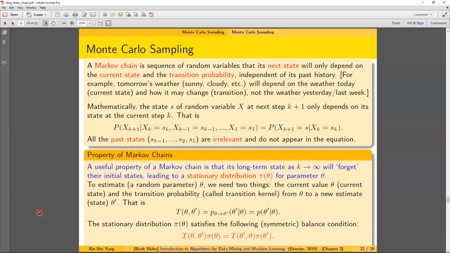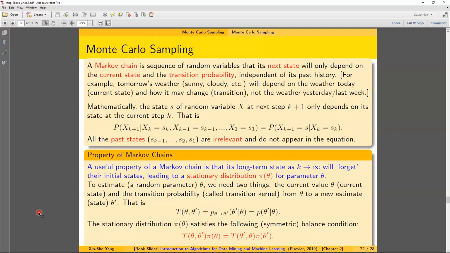A Markov chain is a sequence of random variables whose next state only depends on the current state and the transition probability, independent of its past history. What does that mean? It says that the previous state affects what's going to happen for the current state, but whatever happened prior to the previous state would not.